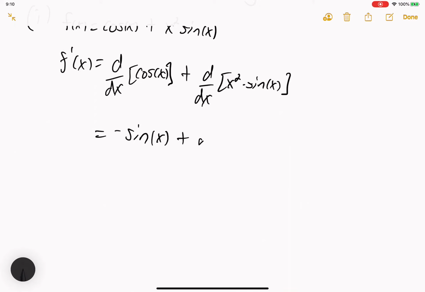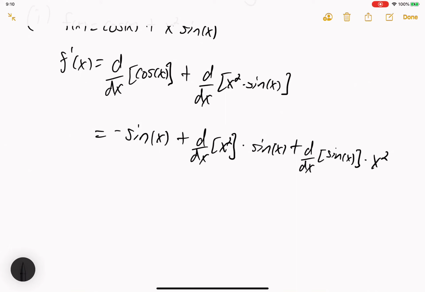So d/dx of x squared times sine of x plus d/dx of, now this time it's going to be flipped, so derivative of sine of x times the other function x squared.